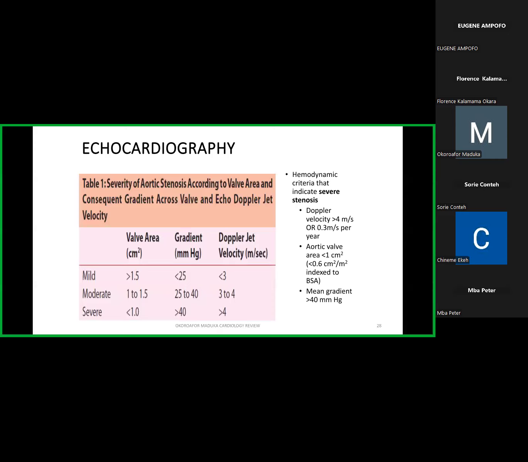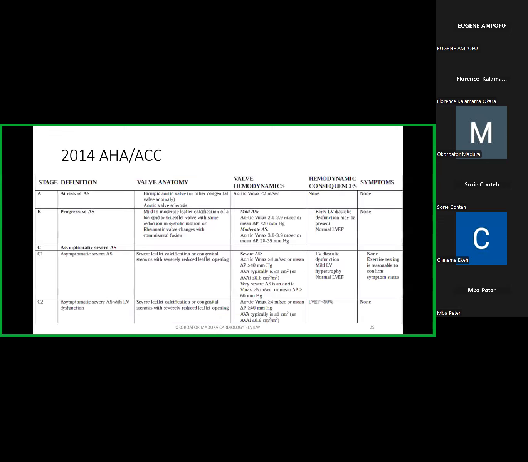The other values which correlate with the degree of stenosis are shown. For instance, if the valve area is greater than 1.5, or the gradient is less than 25 millimeters of mercury, or the Doppler jet is less than 3 meters per second, we could infer that the patient has mild aortic stenosis.